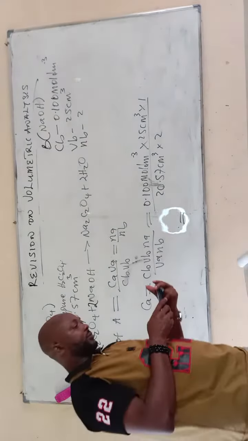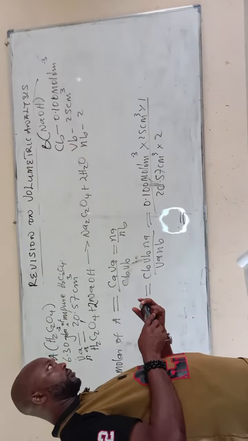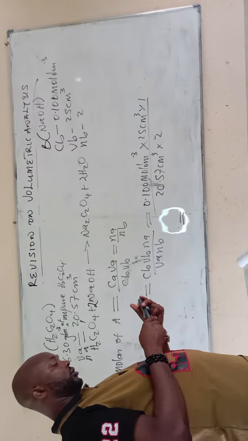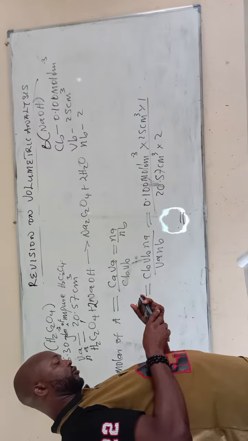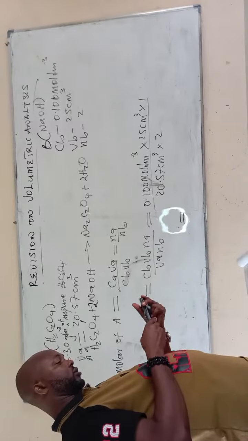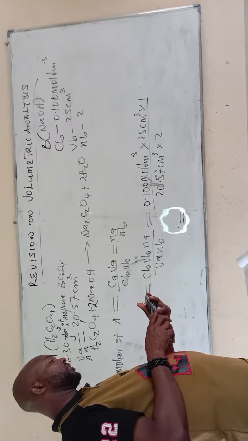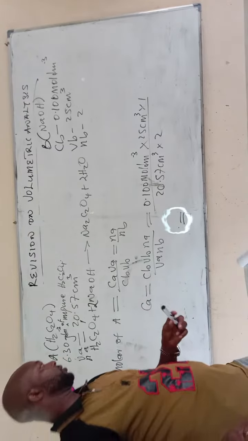let's see, 0.1 times 25 divided by 20.57 divided by 2, 0.0608.